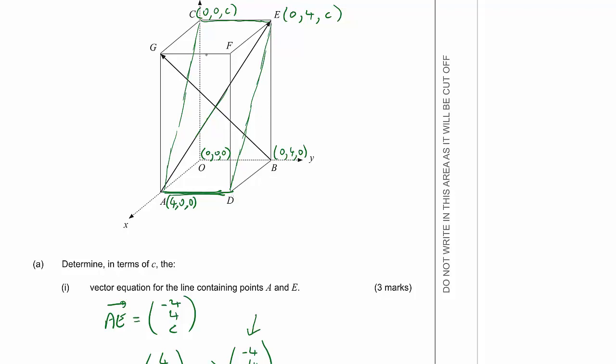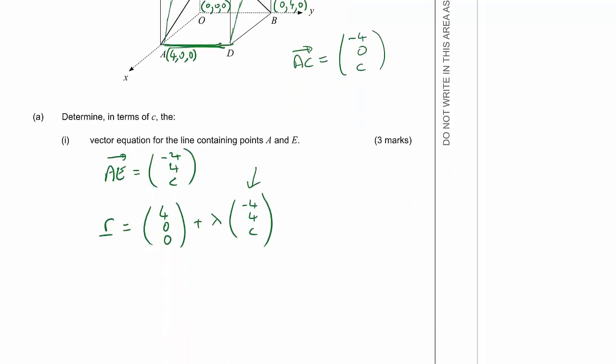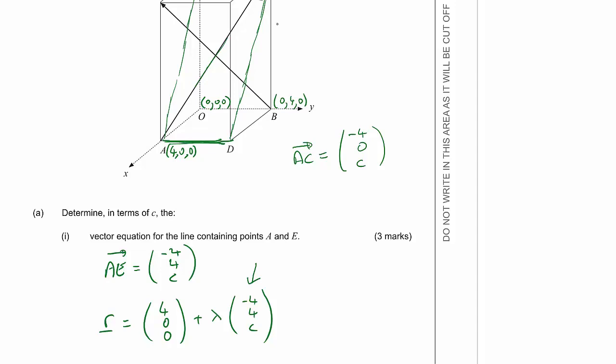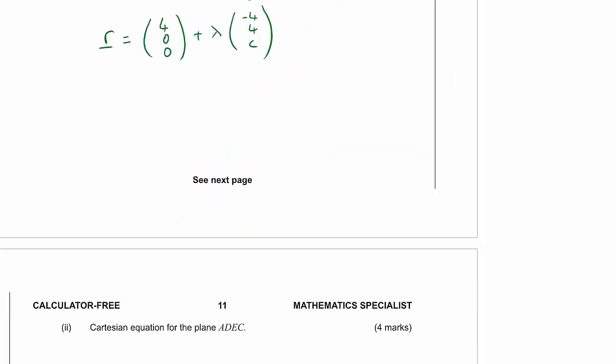And A to C is also in there. And we can see that AC is (-4, 0, c). So 4 to 0 is -4, 0 to 0 is 0, and 0 to c is c. And of course this direction, as we mentioned, the line AE is in that plane.